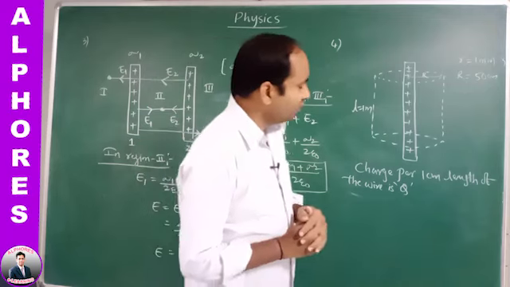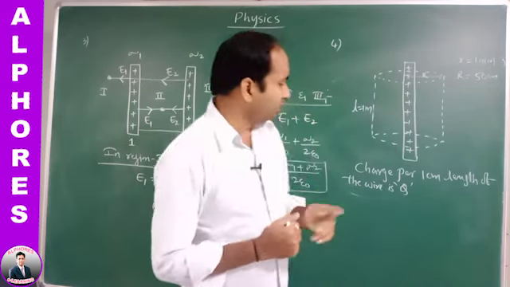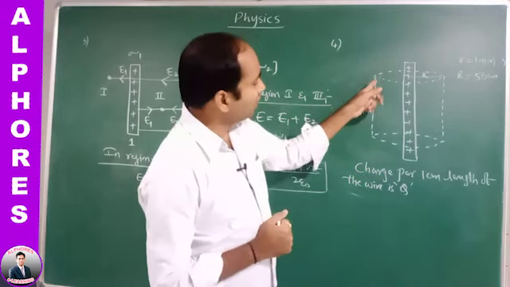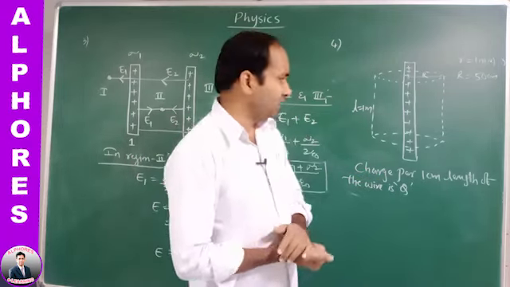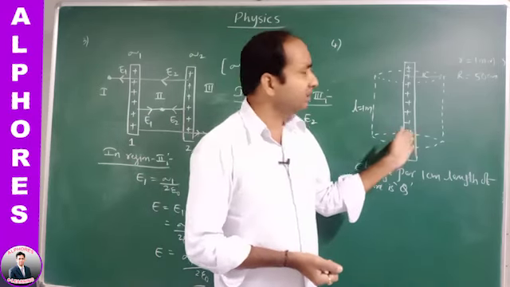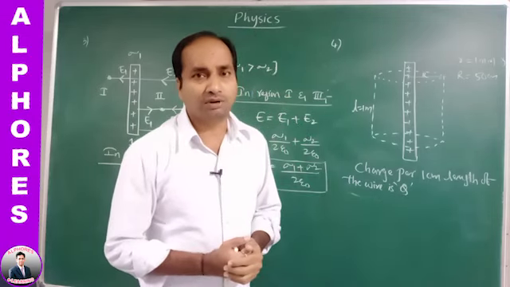Okay, we know this is a long wire, but they have given the charge for 1 centimeter as Q. Now the length of the cylinder is 1 meter, which means the length of the wire enclosed by the cylinder is also 1 meter.